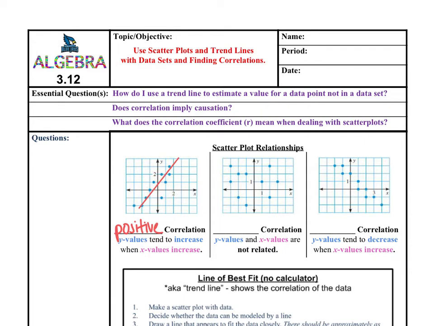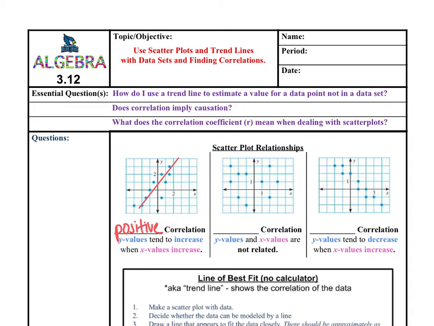As x increases, y increases. So this is a positive correlation. You can draw a line to represent the data. I kind of think of it as like a river, and I'm using the line to represent how this river thing is moving. So it's going up and to the right.